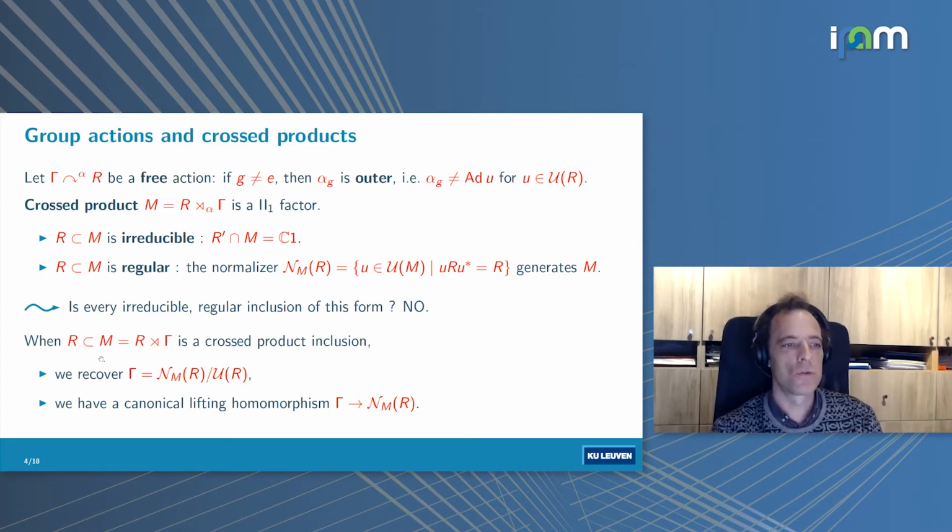In the case of a true cross-product inclusion, first of all, you can recover the group gamma from the inclusion by simply noticing that in this context, for a free action, the normalizer is a group of unitaries. It contains the unitary group of R as a normal subgroup, and the quotient is just gamma. But not only that, it comes with a canonical lift from gamma to the normalizer. I mean, gamma sits as canonical unitaries inside the cross product.